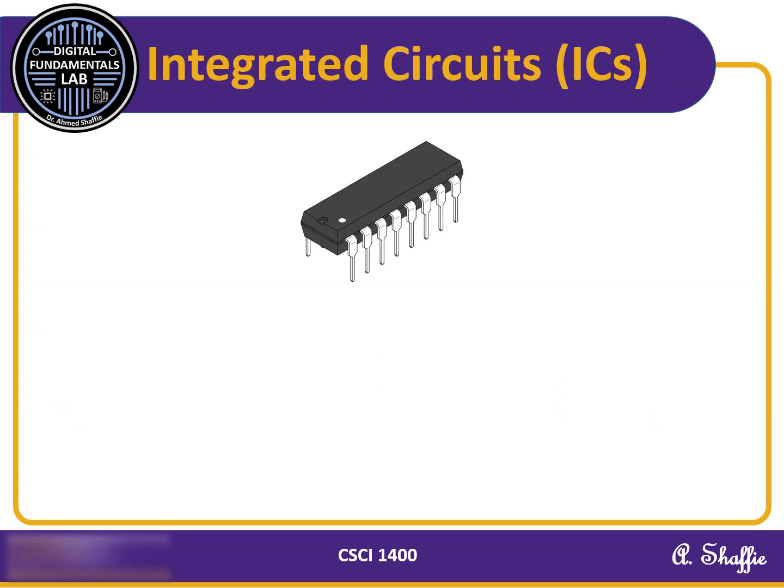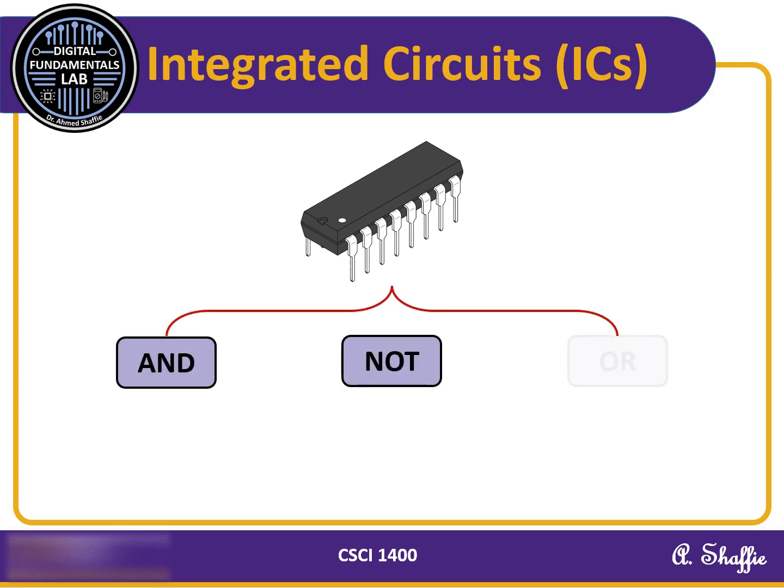On this slide, we are taking a closer look at how integrated circuits, or ICs, are used to implement logic gates. As you have learned in Module 1, there are different kinds of logic gates, with the basic ones being AND gate, NOT gate, and finally OR gates. Let's start with the AND gate.